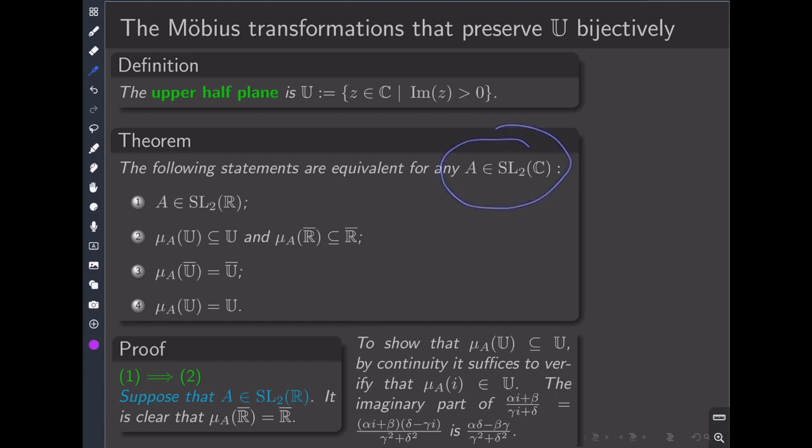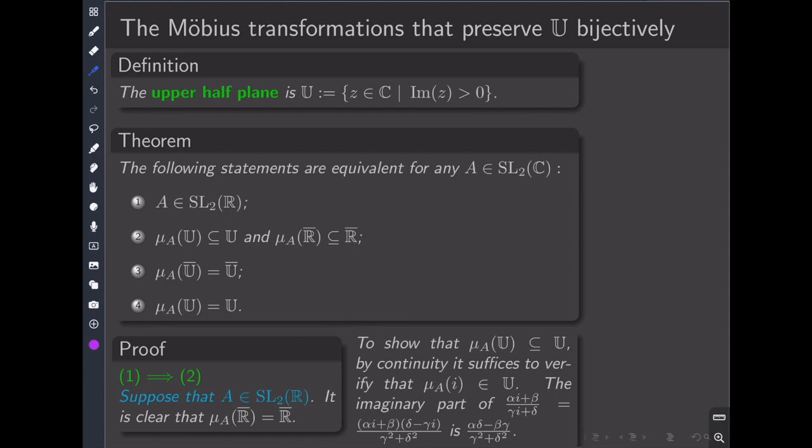That's the point. I'm still covering all of them, and the equivalent statements are that A is in SL2R. So if I ask, what are some obvious matrices whose Möbius transformations preserve U bijectively? Well, by continuity, they have to preserve R union infinity bijectively.